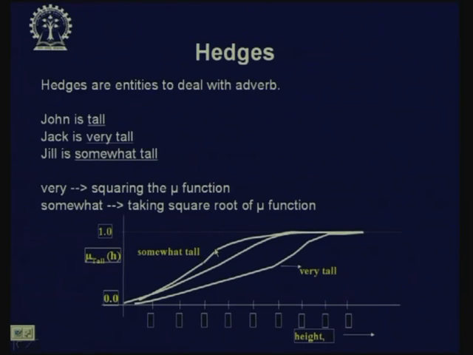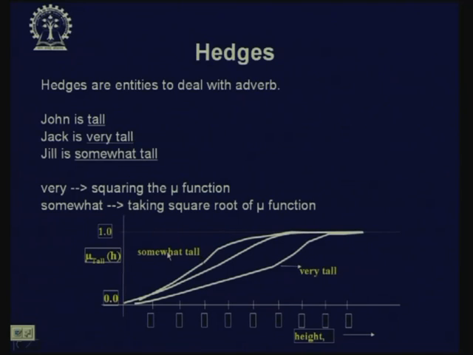Now, there is another term which needs to be introduced, that is called hedges. Hedges are entities which deal with adverbs, like John is tall. So, we can define a fuzzy set tall. Okay. So, say this is the height and this is the fuzzy set tall. Now, on this we can say Jack is very tall.